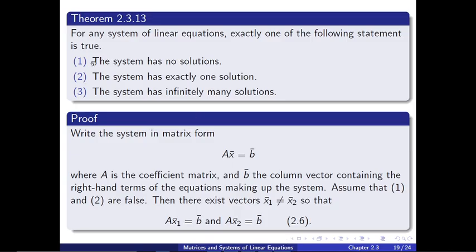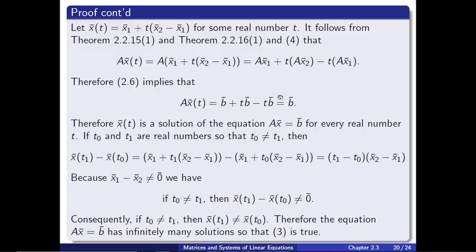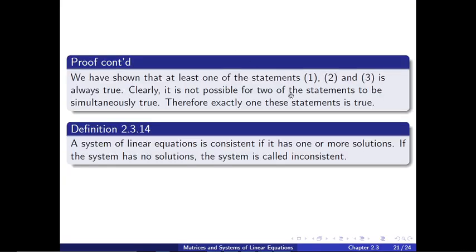So what we have proved is we assume that 1 and 2 are not true, so they are false, and we show that if this is the case, then the third one has to be true, right? So what does that mean? That means that at least one of the statements is always true. That's what we have proved, because we assume that two are not true, and we show that if those are not true, then that means the third one is true.